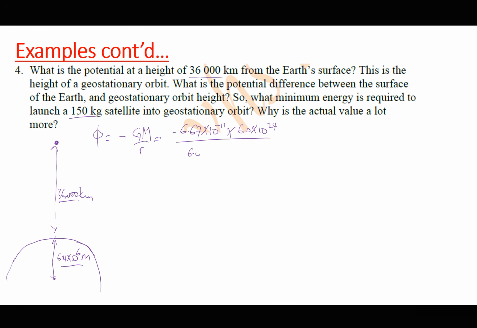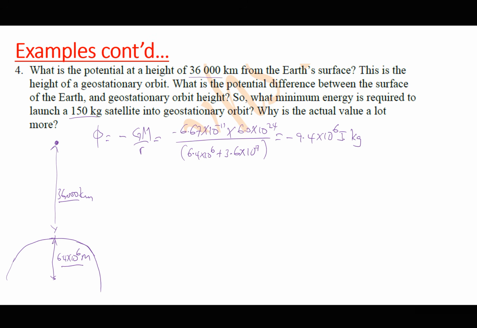So this will be 6.4 times 10 power 6 plus 3.6 times 10 power 7. I press my calculator. So I am getting negative 9.4 times 10 power 6 joules per kilogram.